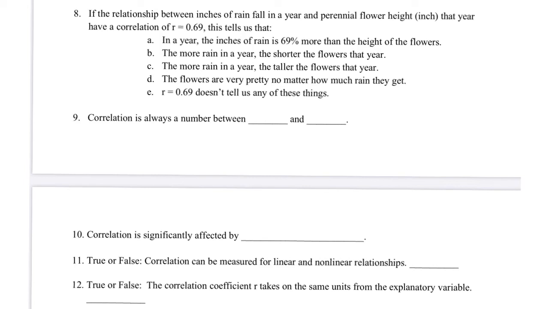That means as the explanatory increases, the response is increasing. So as the rain increases, the height of the flower increases. If it was negative, it would be letter B. It would be as the rain increases, the flower height would decrease.